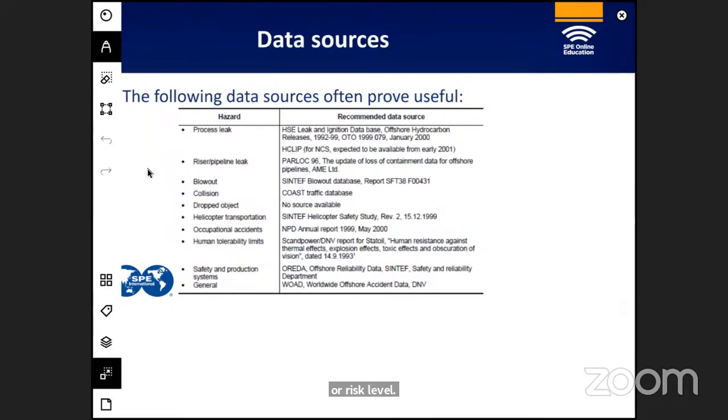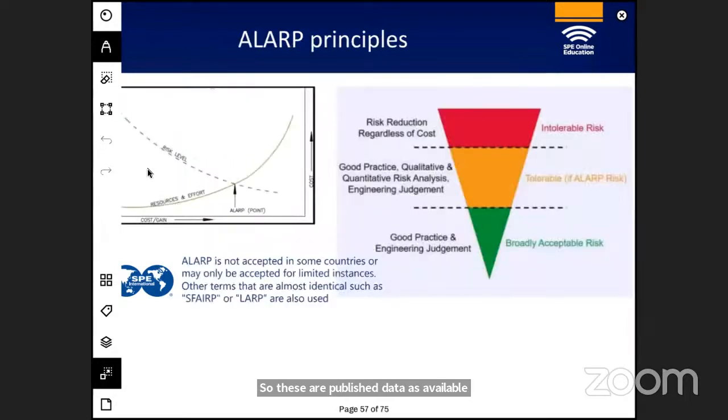These are some of the data sources which are used to establish the probabilities. These are published data available. The ALARP principle I tried to explain yesterday, today again: this is the risk level, this is cost, and this is cost per gain. As the cost per gain increases, the risk level drops.